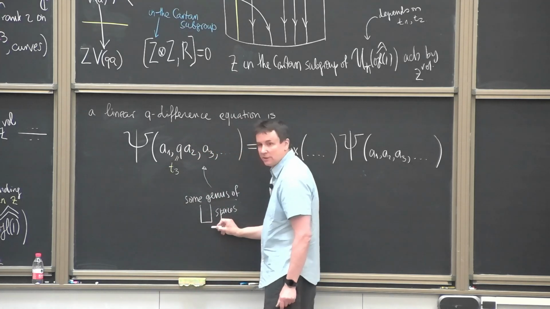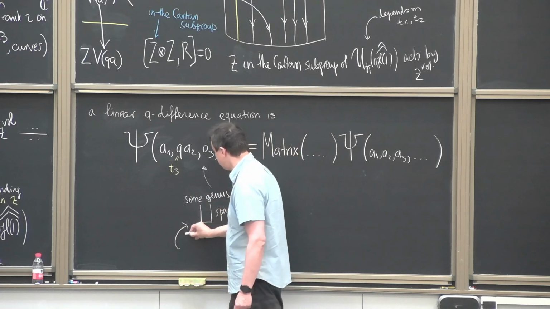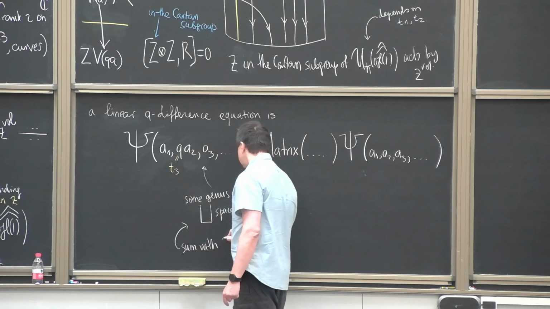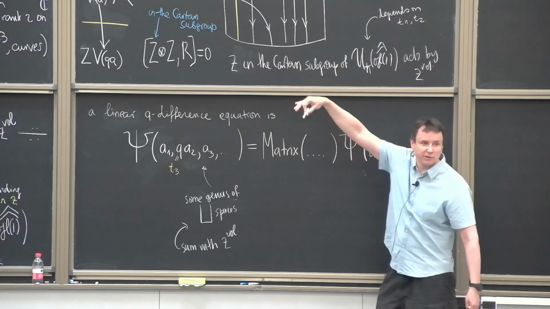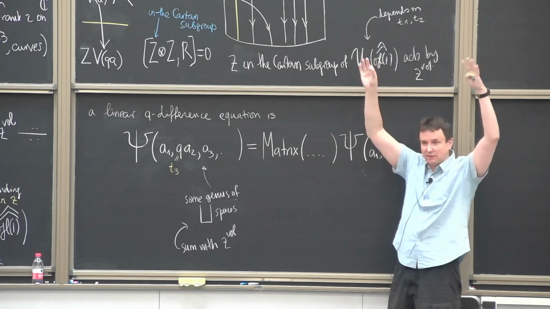And then when we take the generating function, we sum them up with z to the volume. So z things with different volume belong to different moduli spaces, so we just sum up over that kind of data.